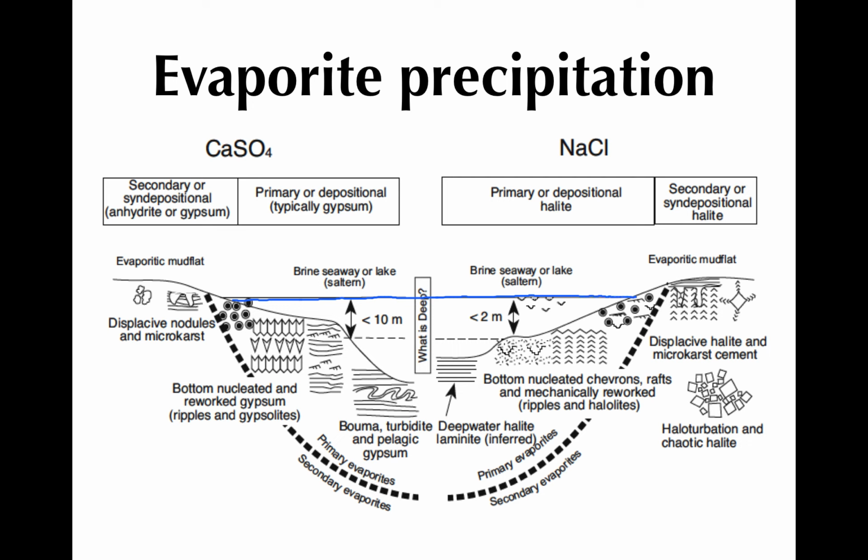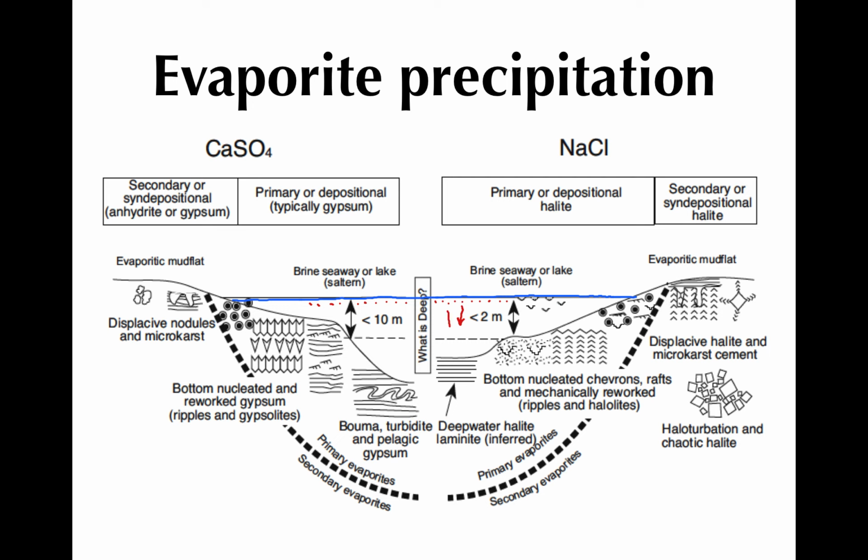We can make evaporite minerals and grow them in several different settings. Evaporite minerals very often will form right at the surface of a brine because that's where evaporation concentrates the salts the most. And once those crystals form and get big enough, they start to sink.